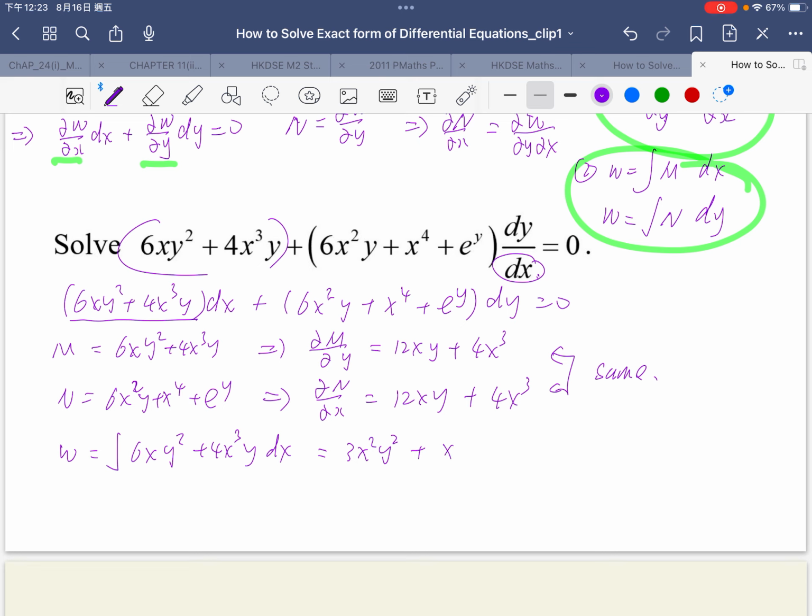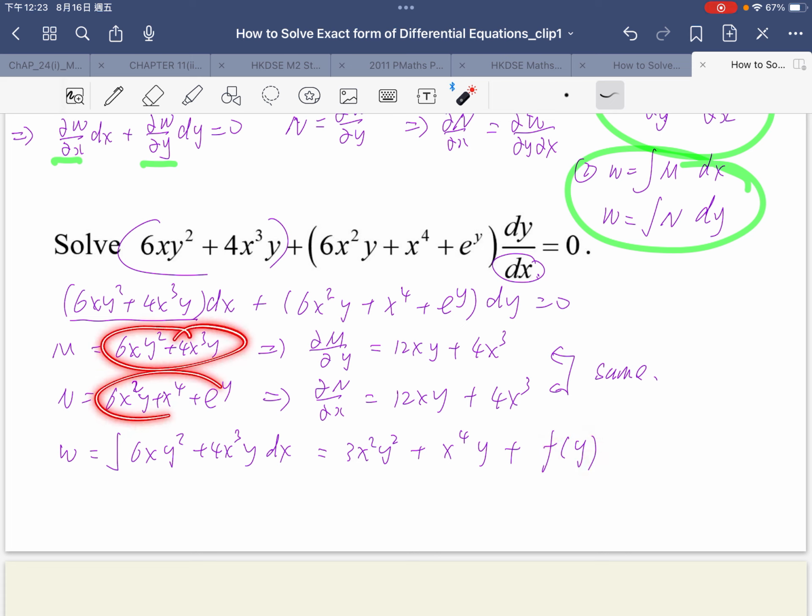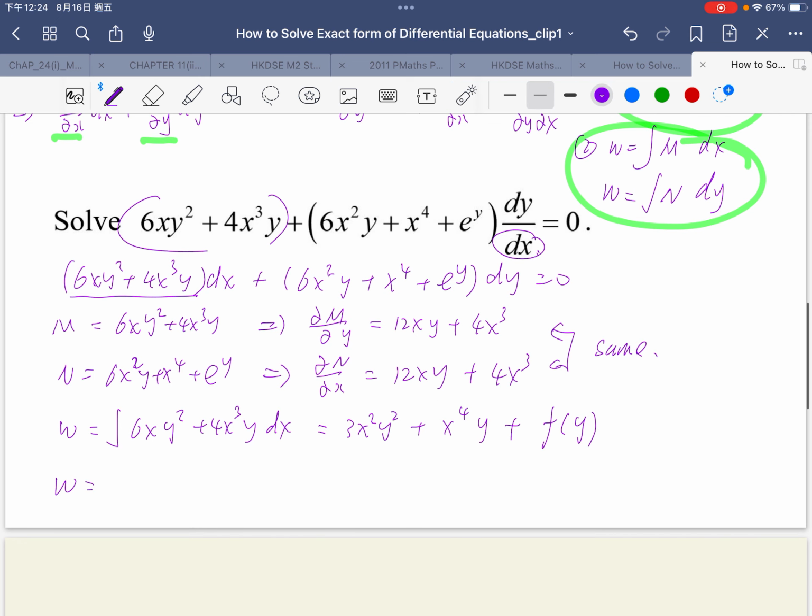That means 3x squared y squared plus x to the 4 y plus a function of y. The constant should be a function of y. Please be careful. We have to compare the two integrations, this integration and this integration. They have to match to be the same function.